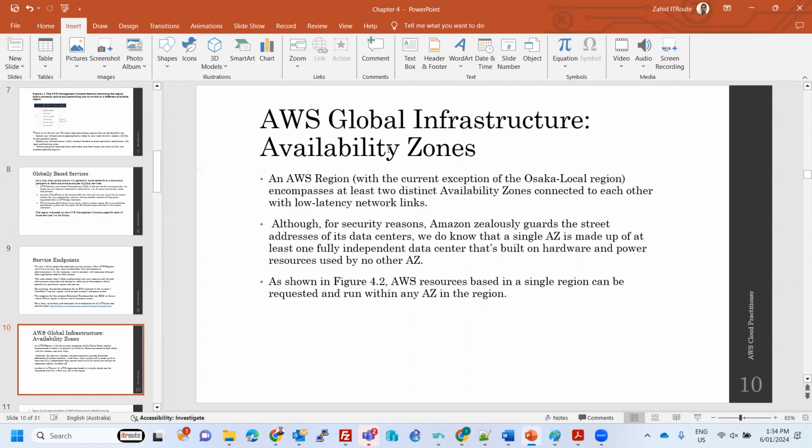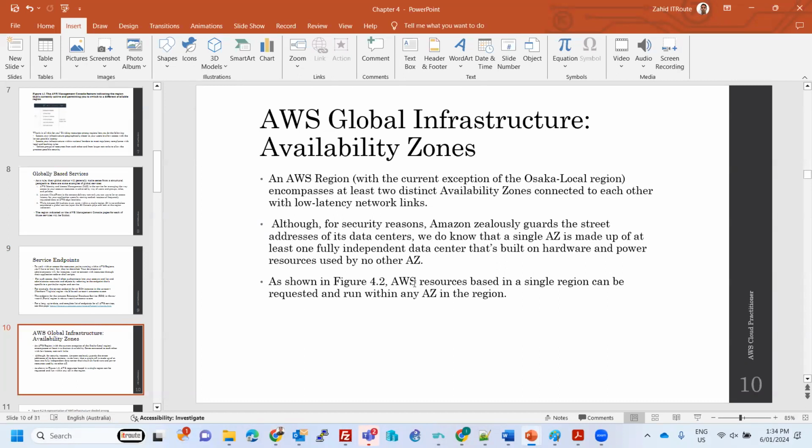AWS Global Infrastructure: Availability Zones. An AWS region encompasses at least two distinct availability zones connected to each other with low latency network links. Although, for security reasons, Amazon jealously guards the secret street addresses of its data centers, we do know that a single AZ is made up of at least one fully independent data center that's built on hardware and power resources used by no other AZ.